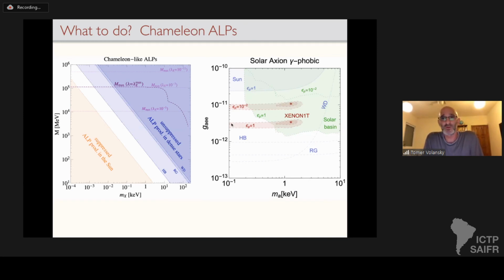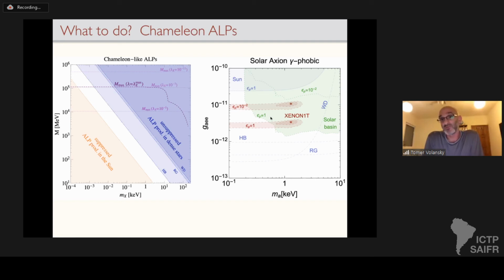If you want, you can look at the one model, this model here with the constraint, which is this green region here. This is called the solar basin. It's an interesting new constraint which discusses how this particle can be produced and be caught in around the sun, and this constrains the scenario of having axions that are produced in the sun.